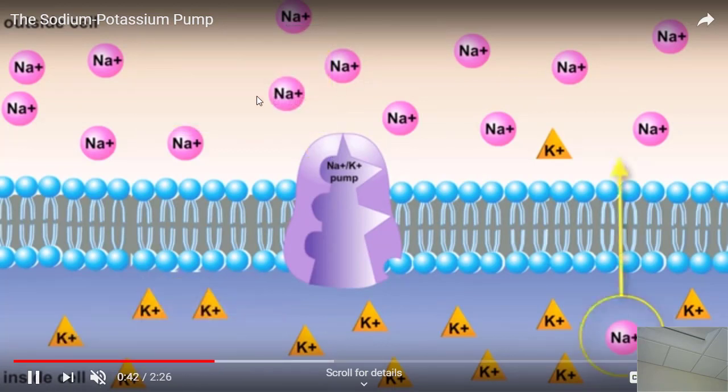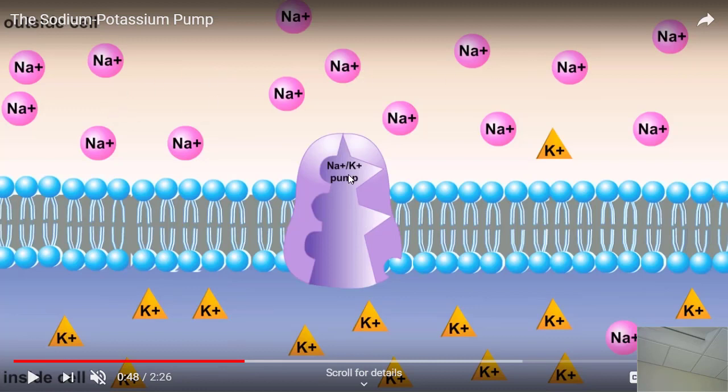We see there's lots of sodium outside the cell, right? Lots of potassium inside the cell. So if I opened up a leak channel for potassium, which way would potassium leak? Into the cell or out of the cell? Here's the inside of the cell here. It would leak out because there's higher concentration here than there is here. And if I opened up a leak channel for sodium, which way would sodium flow? In, because there's so much sodium outside the cell.